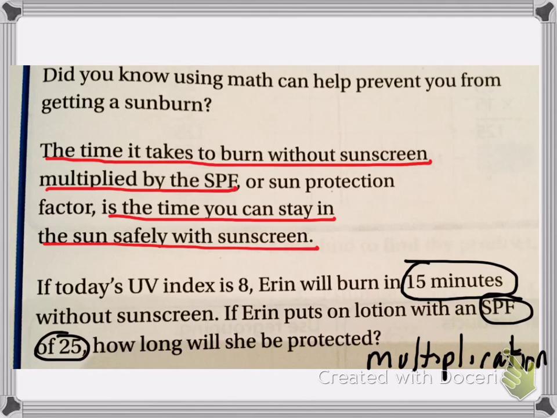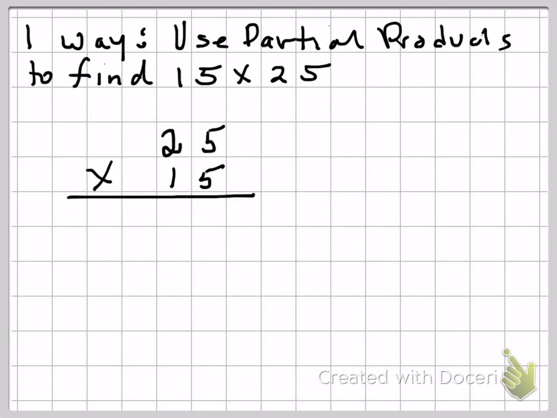So let's get started. All right, so let's use a piece of grid paper or a piece of loose leaf on its side, whichever, to keep your column straight. And we're going to use partial products to find 15 times 25. So the first thing I'm going to think of is I'm going to look in my highest place value, which is the tens column. I have 2 tens or 20 in my multiplicand.